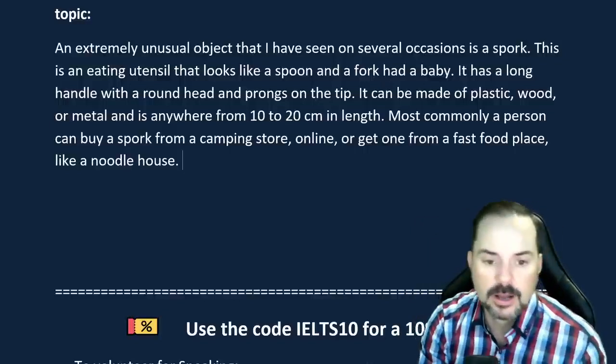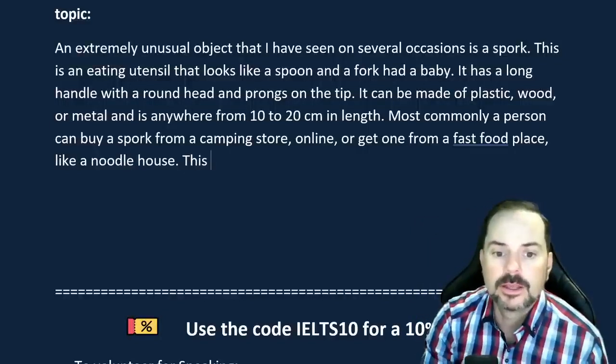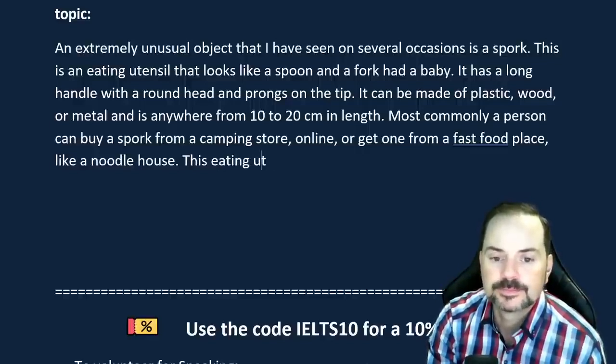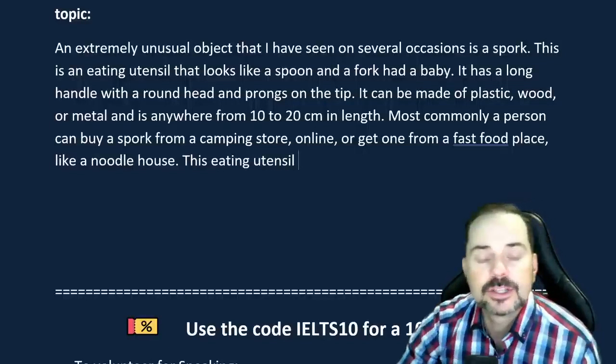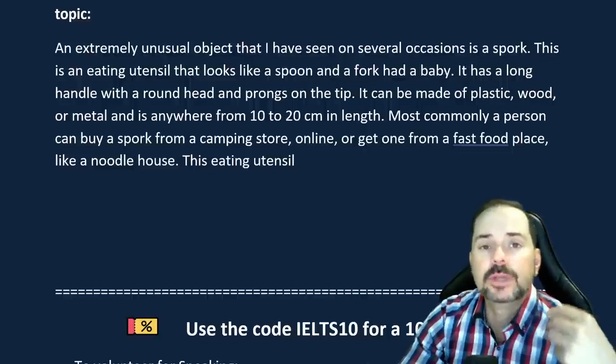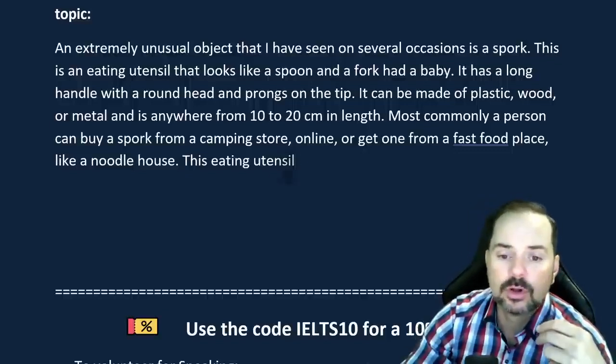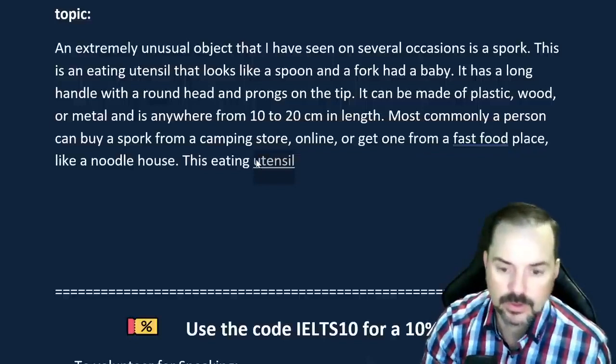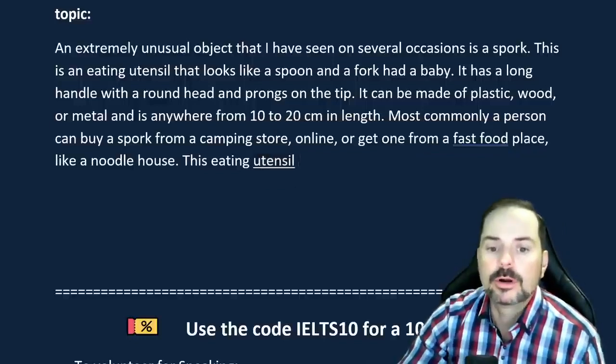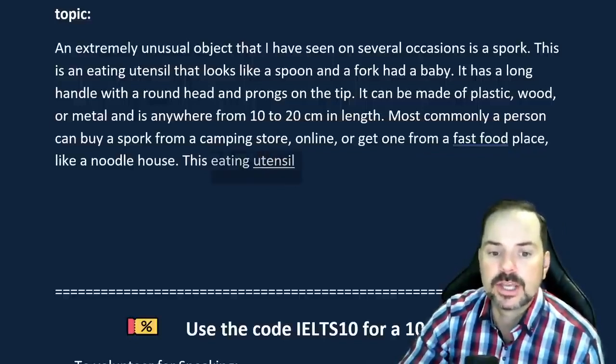So this eating utensil, I'm repeating this so that you learn it, okay? So whatever we eat with, that tool is called a utensil, okay? Or another way that you can say it is cutlery.